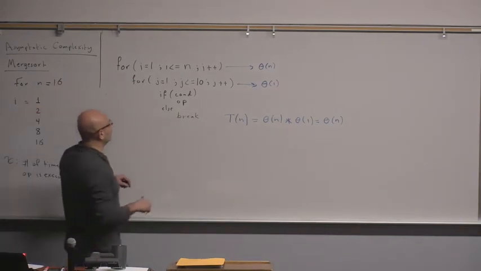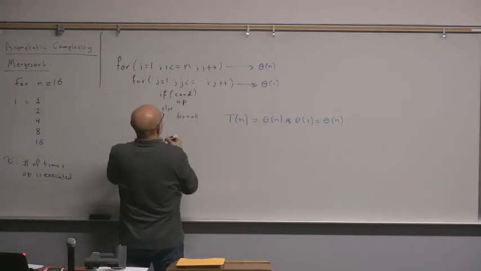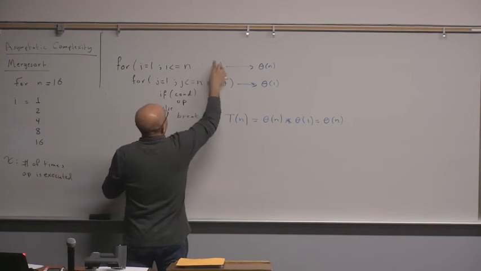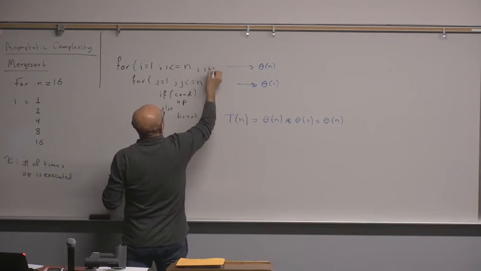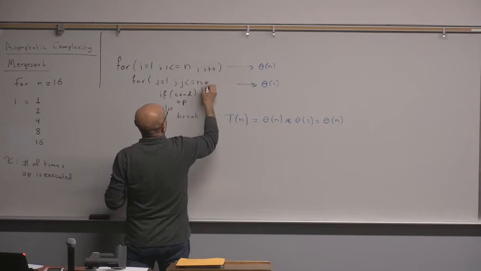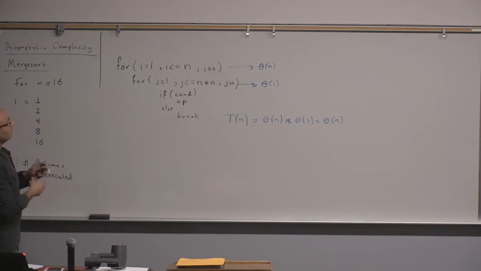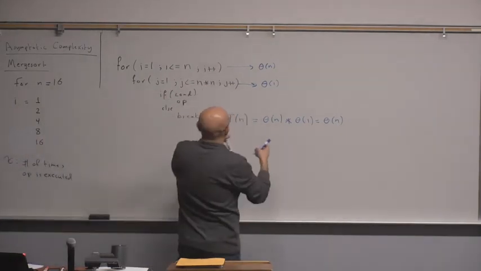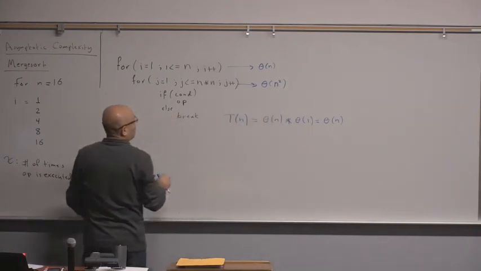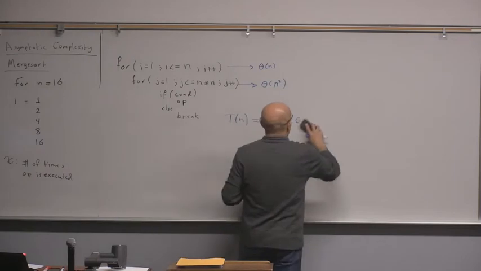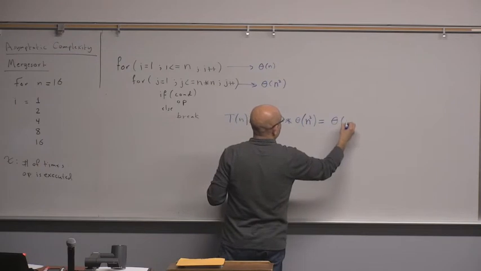So this is n, but what if we change this to n times n? Let's keep the outer loop at n, and the inner loop goes to n times n, j plus plus. Now, in this case, the outer loop is theta of n by itself, and the inner loop is theta of n squared by itself, and the total is going to be theta of n times theta of n squared. So this is theta of n cubed.